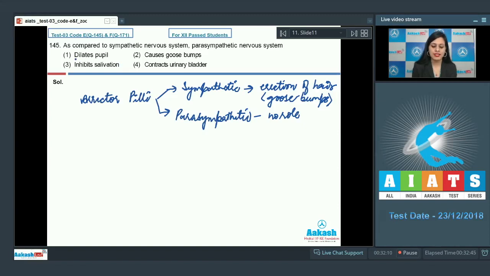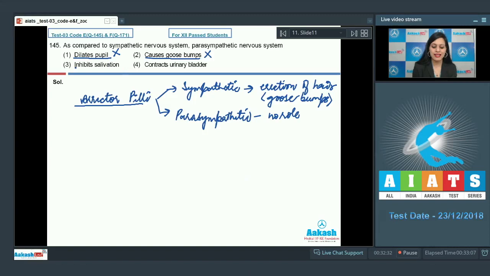The very first option given is dilates pupil, and this is an incorrect option because the sympathetic nervous system dilates the pupil and not the parasympathetic nervous system. The next option is causes goosebumps, which is also incorrect as we have just discussed. It is the sympathetic nervous system that leads to erection of hair by acting on the erector pili.